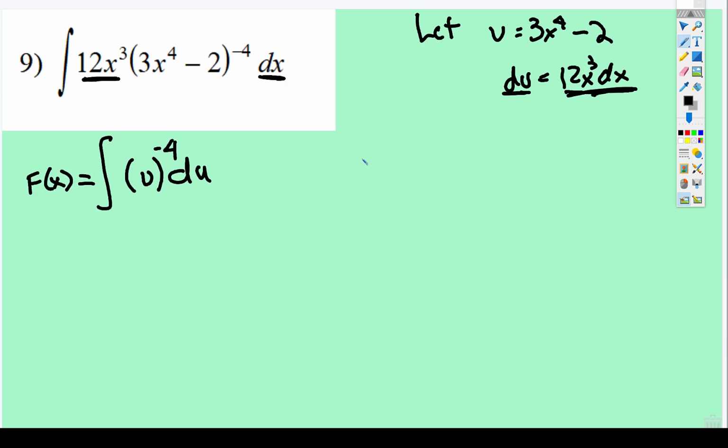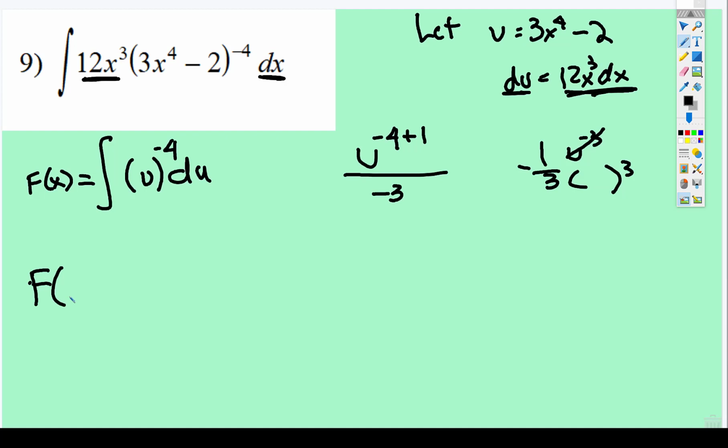All right, and now when you integrate u to the negative 4, you add a 1. Well, when you add those together, you get negative 3. So essentially it becomes negative 1/3. And then since that's going to be u to the negative third, you're going to want to bring down the denominator, and it will be u to the positive 3. So uppercase F of x, I'll do it kind of slowly.